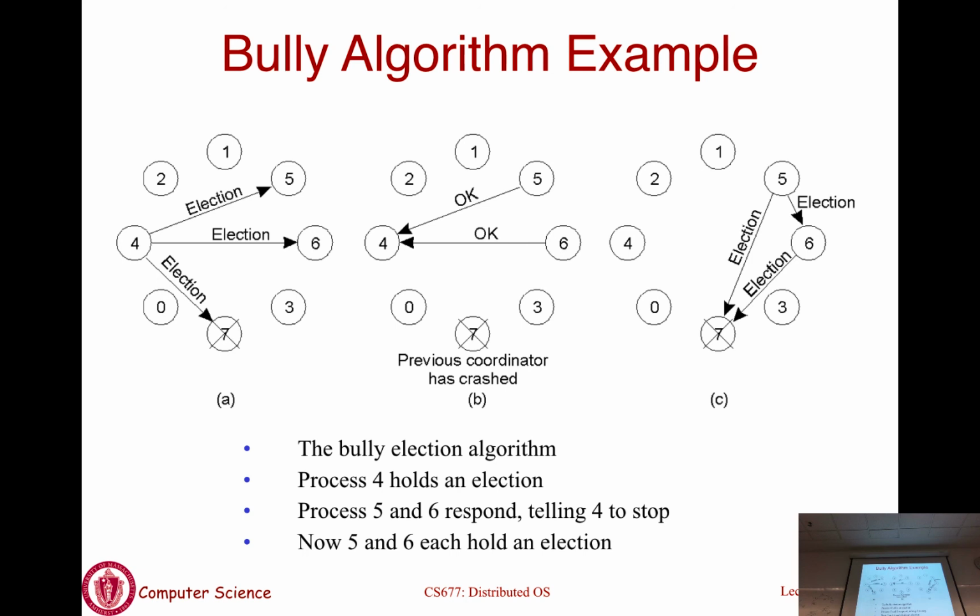If a lower ID process had crashed, let us say 2 had crashed and rejoins, and it runs an election, it is not going to change the outcome. The same highest ID process will win. But if the previous coordinator rejoins, it can restart the election, and in this case there is nothing to do, it will win immediately. Okay. So that is how it will work. Any other questions here? Okay.